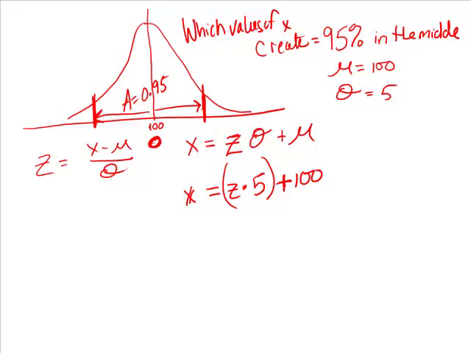So the area that I'm looking for here is 0.025. Sorry, one too many zeros. In this tail, and I'm also looking for the same over here.